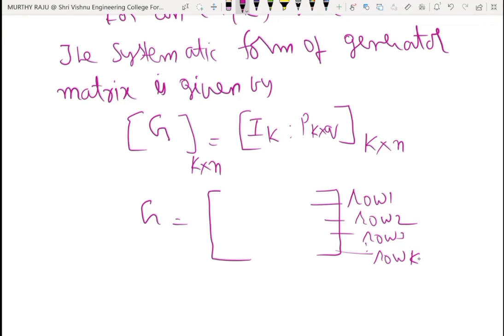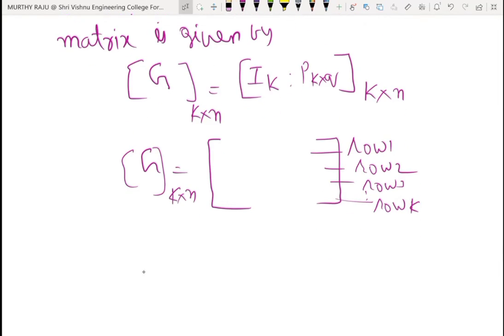Because K rows and n columns. That is the reason row 1, row 2, row 3, up to row K. K rows are possible in the generator matrix because the G matrix order is K cross N. Now we will see how to generate the rows of the generator matrix in systematic form of cyclic codes.